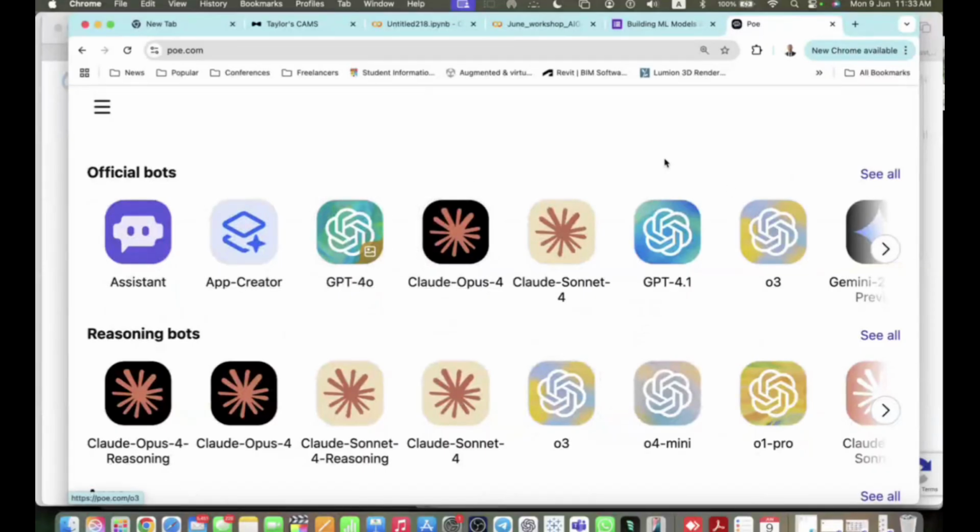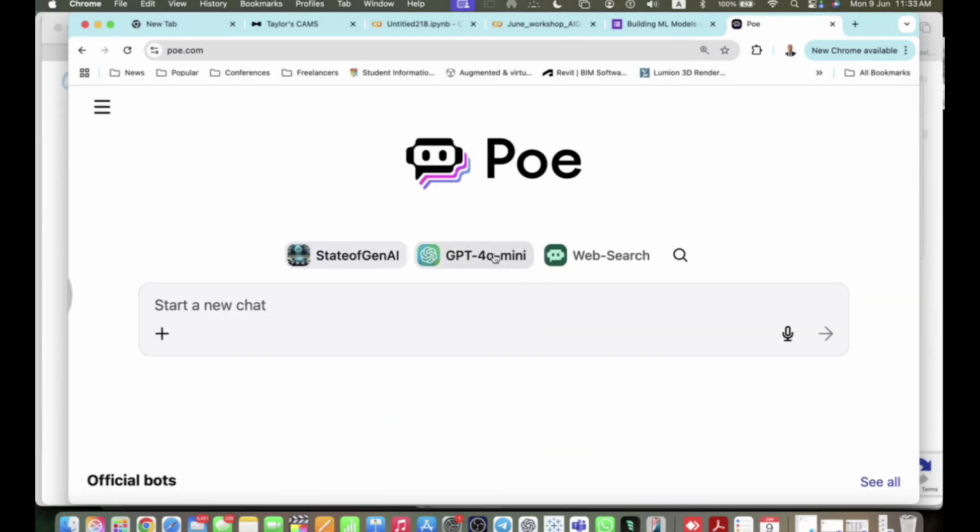Instead of going to the website of ChatGPT, you can write the prompt and use ChatGPT here. And instead of going to Gemini, you can use Gemini here. You can use one platform, which is this one, to use the others.